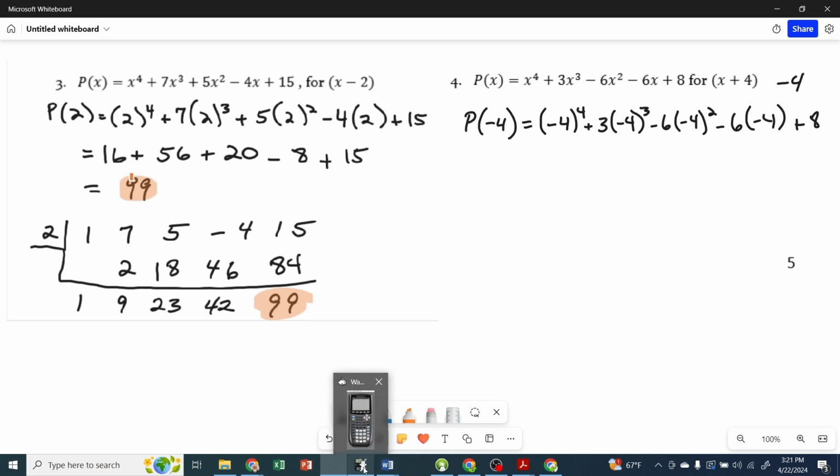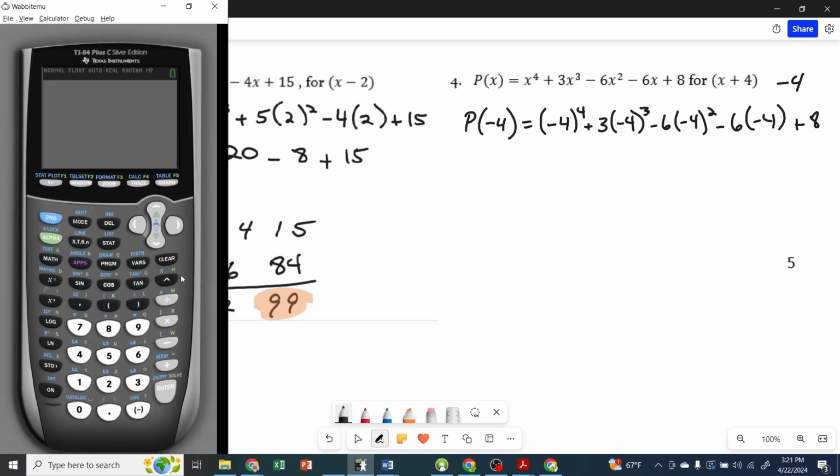And this is a good time to use our calculator, so we're going to pull that up and plug this in. So we've got negative 4 to the 4th power plus 3 times negative 4 to the 3rd power minus 3 times negative 4 squared minus 6 times negative 4 plus 8.